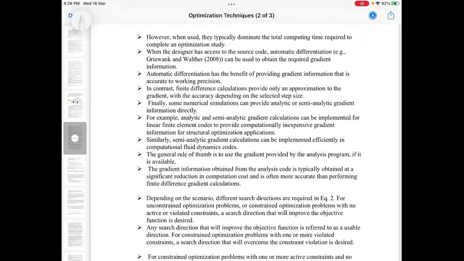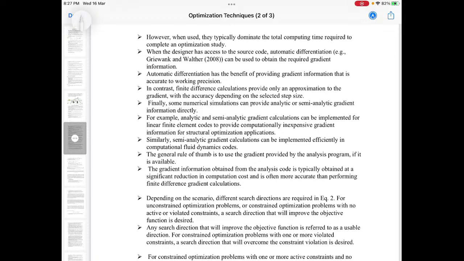For example, analytic and semi-analytic gradient calculations can be implemented for linear finite element codes to provide computationally inexpensive gradient information for structural optimization applications.